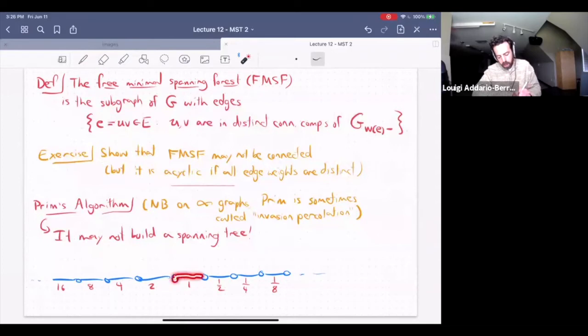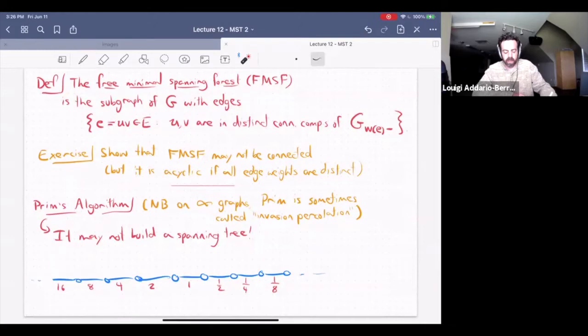So the edges get smaller to the right, and Prim's algorithm will always just grow to the right, and it'll completely ignore the left half of the line, relative to wherever it starts. So that's a potentially serious issue: it doesn't even consider big parts of the graph.